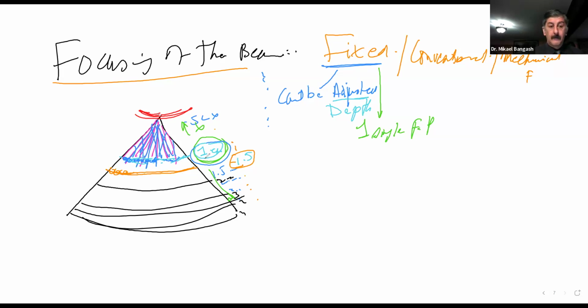So how is it that this transducer has these fixed focal points? How is that going to be determined? We already talked about that in the previous chapter. We said it could be due to the mechanism of internal focusing. And what was internal focusing?